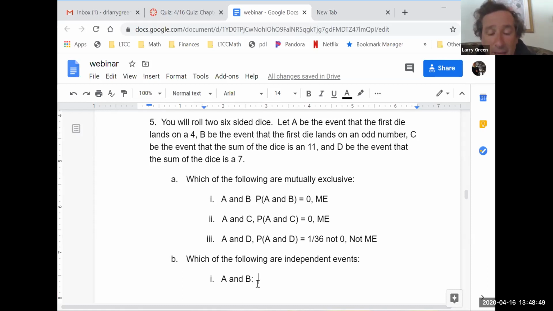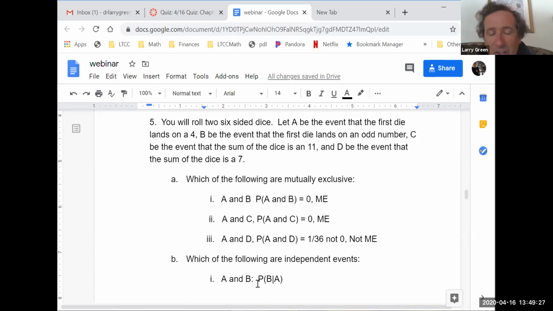So to find out if they're independent, we have 3 choices, right? We can look at the probability. Remember, A is the first is a 4, B is the first lands on an odd number. So we could look at the probability of B given A. That means that we're told the first is a 4.